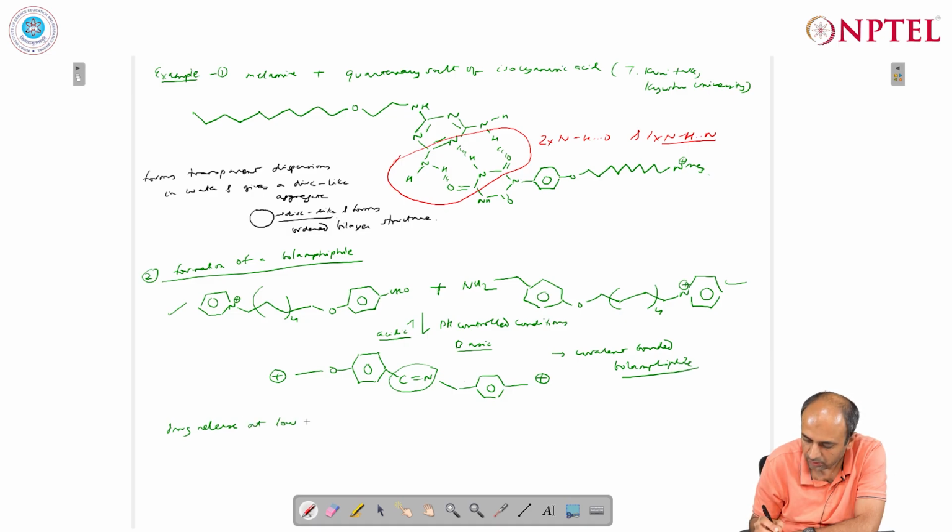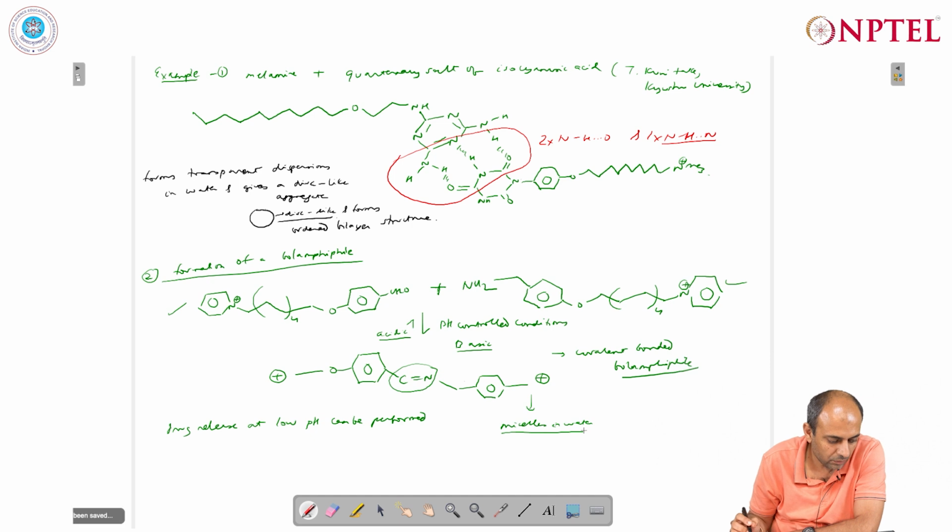at low pH can be performed, and this Bola amphiphile has been known to form micelles in water. So, it forms the micelles in water, and these micelles can now carry the drug molecule, because the drug molecule will have hydrophobic portions.